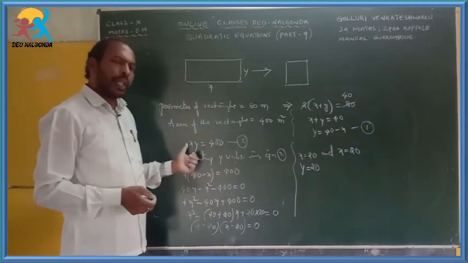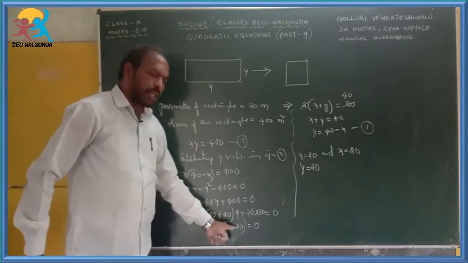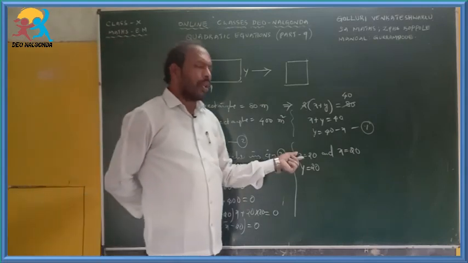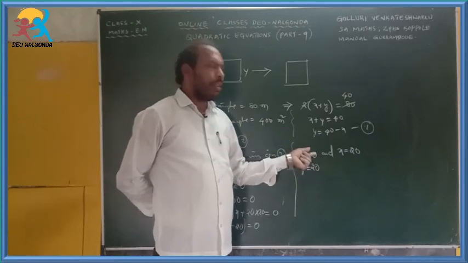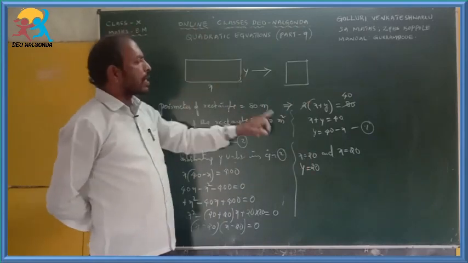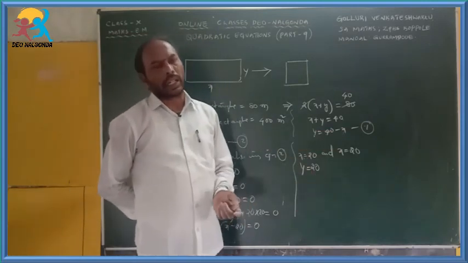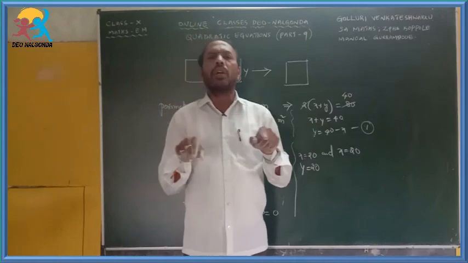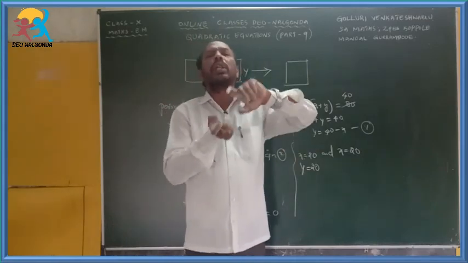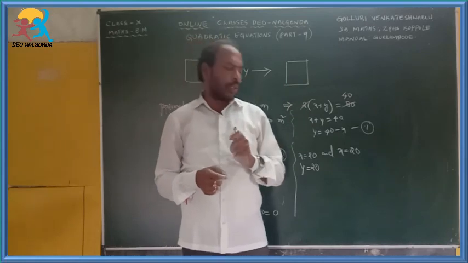Area is length into breadth; substituting the y value gives a quadratic equation. Solving the quadratic equation, x value is 20, so breadth is 20, and length is also 40 minus 20, that is 20. Both length and breadth are equal. If length and breadth are equal in a rectangle, the rectangle becomes a square. Okay, here it is enough for today.